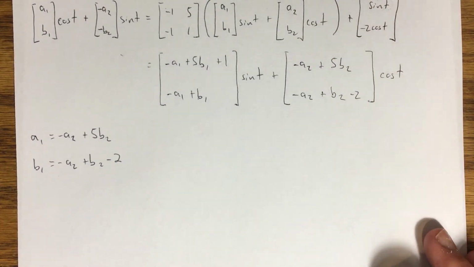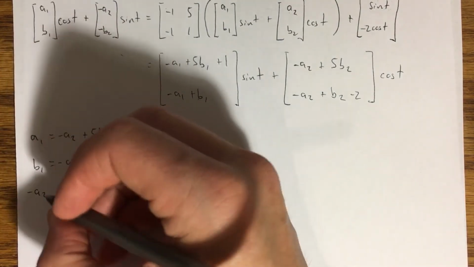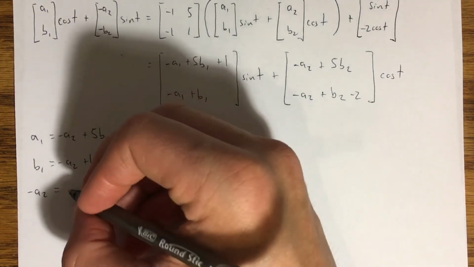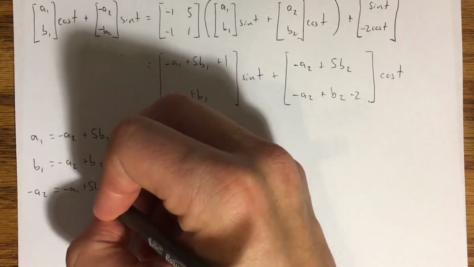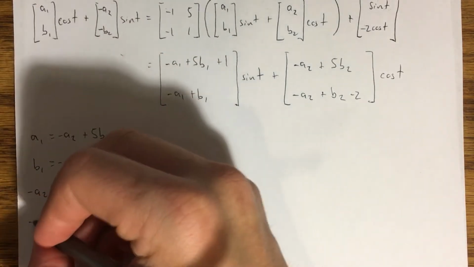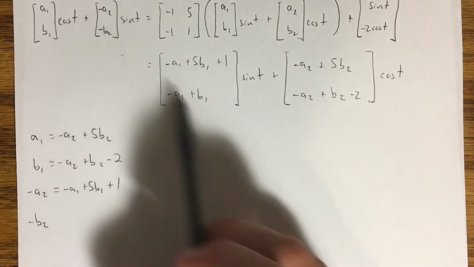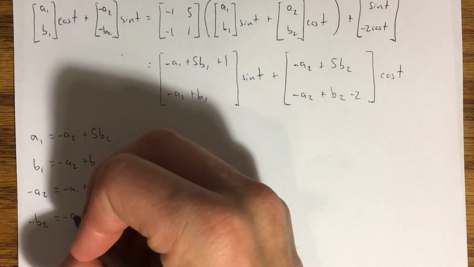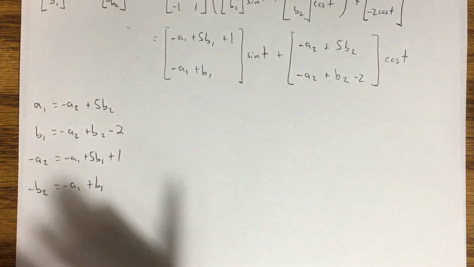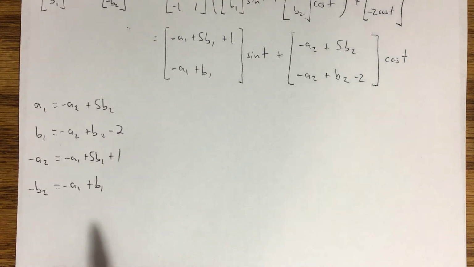Okay, then I'll go to my sine here, negative A2, and set that equal to the first entry in this sine matrix here, so that's negative A1 plus 5B1 plus 1. And then finally, I'll equate this entry, negative B2, to this guy right here, negative A1 plus B1. Okay, so now, like I had said before, we have a system of 4 equations in 4 unknowns. And there's a couple of ways you could solve this.